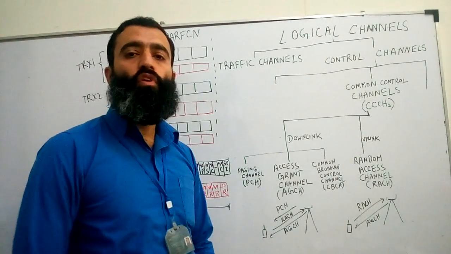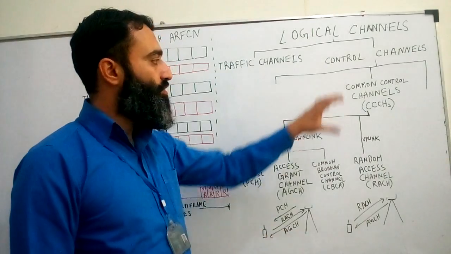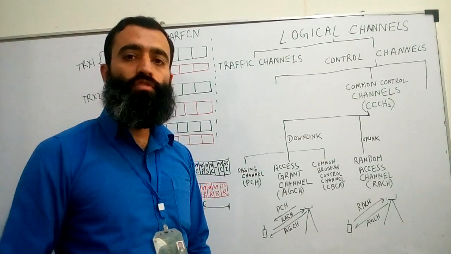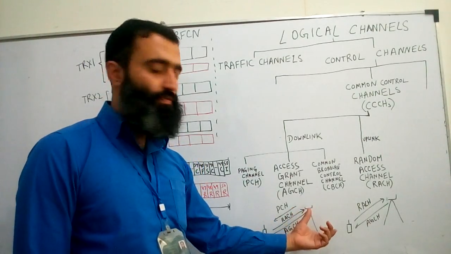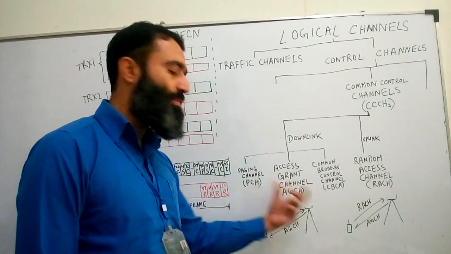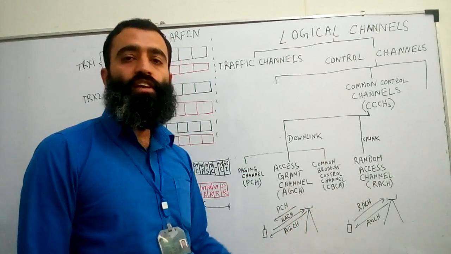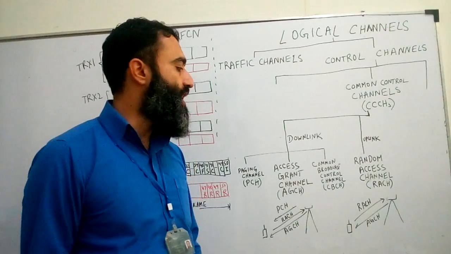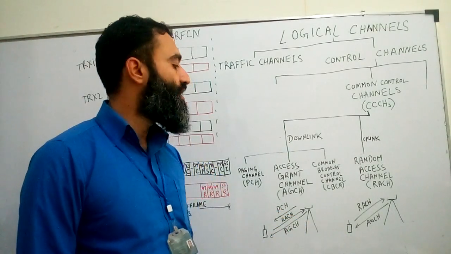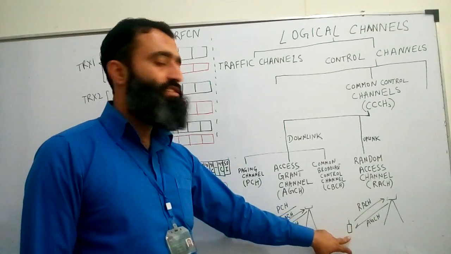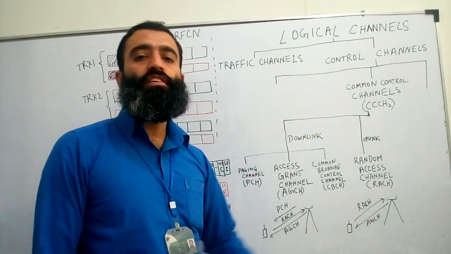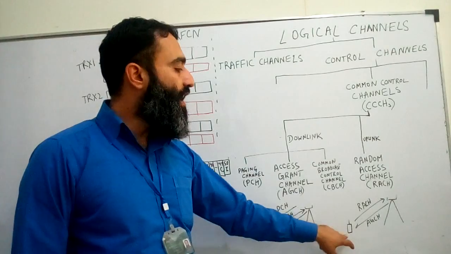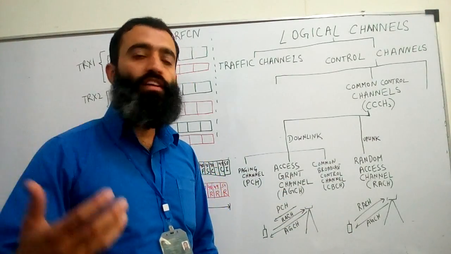So now we come to the functionality of the common control channels. Common control channels are those channels which are used by the network, or the BTS, to connect to a mobile station in case there is an incoming call for it, or they can be used by the mobile station to connect to the BTS in case it wants to register itself with the network or start a call.